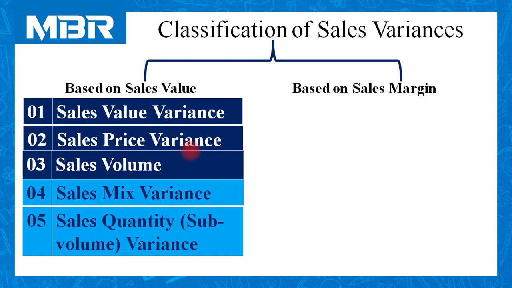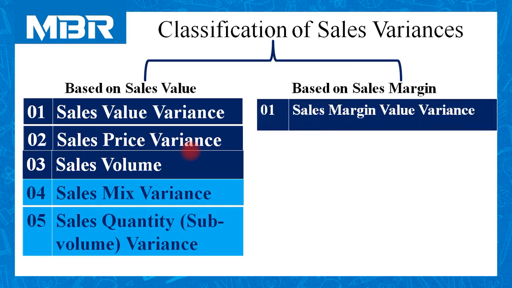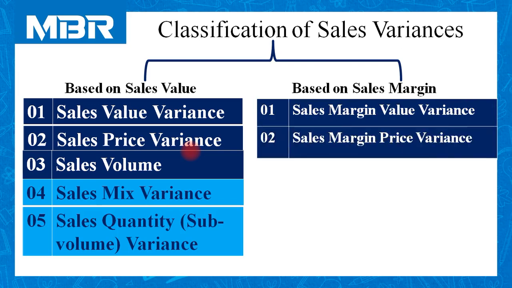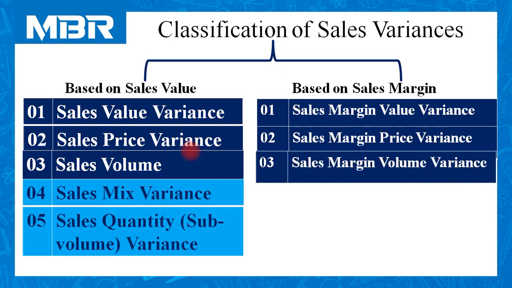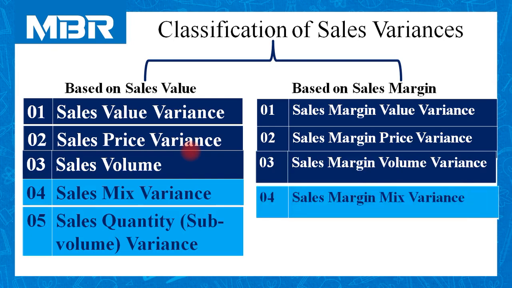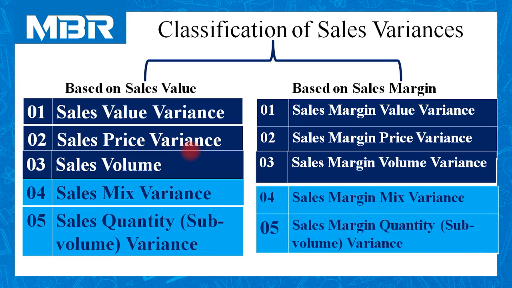Now, I will discuss sales variances based on sales margin. First, sales margin value variance. Second, sales margin price variance. Third, sales margin volume variance. Fourth, sales margin mix variance. Fifth and last, sales margin quantity or sub-volume variance.